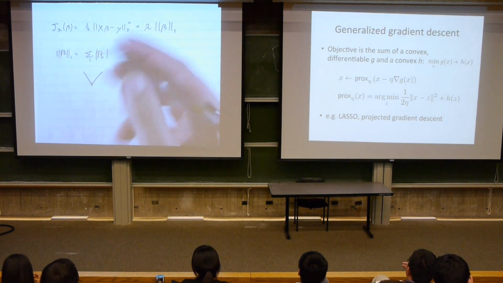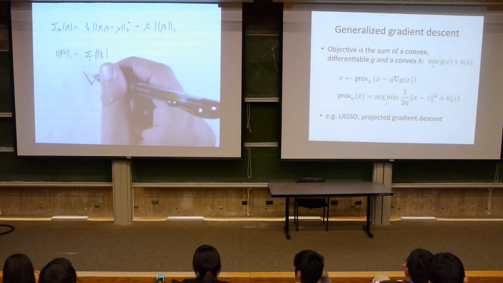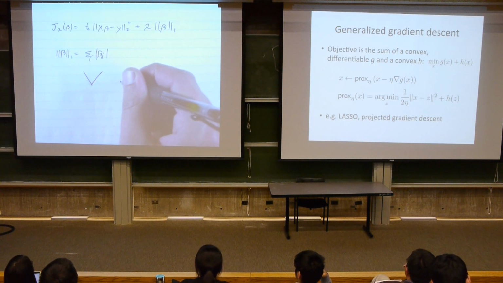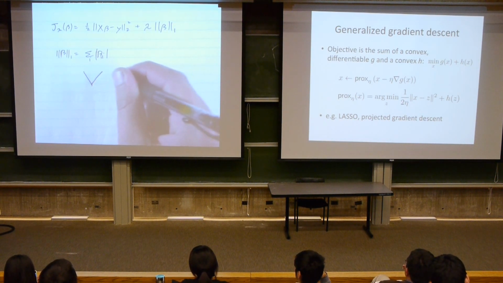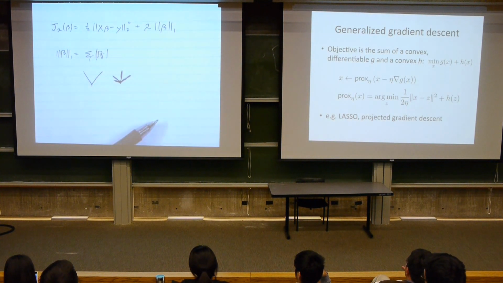In more than one dimension, it's the same thing: if you take a slice of it along any dimension, it's the same. In 2 dimensions, it's hard to draw because I'm bad at drawing, but it's still sharp. There's a sharp non-differentiable point at 0, and anywhere else it is differentiable.